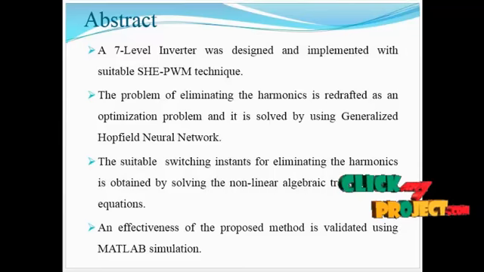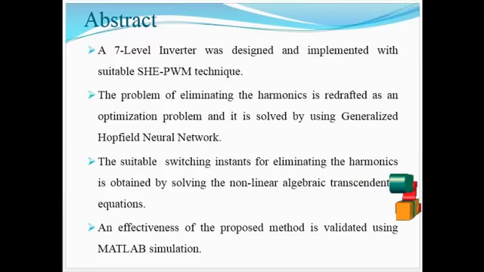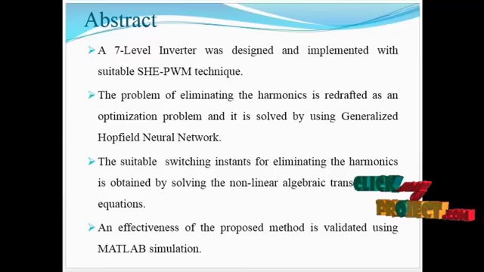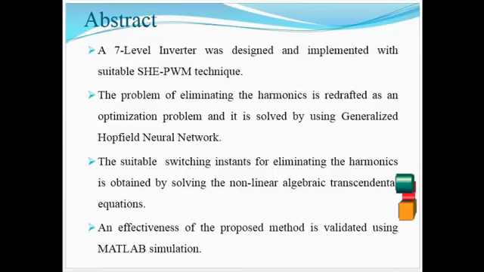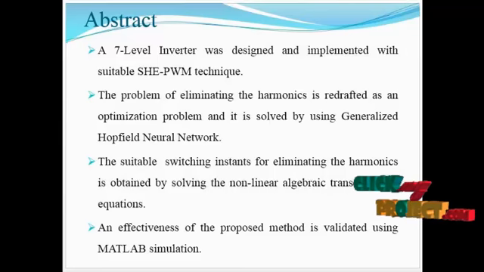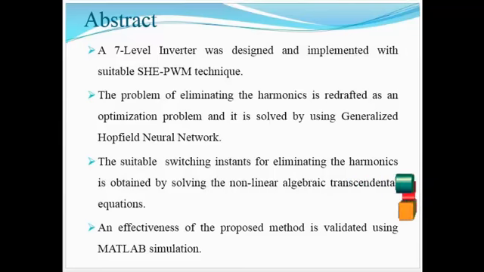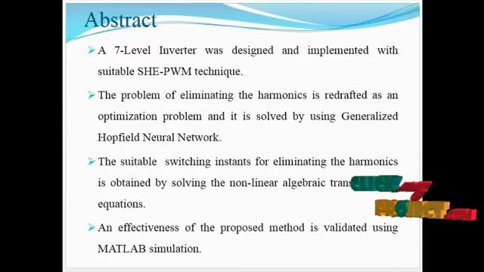Also, the third and fifth harmonics have been eliminated, but the higher order harmonics 11 and 13 still disturb the output voltage waveform. So in order to reduce those harmonics, we proposed the GHNN based selective harmonic elimination technique.